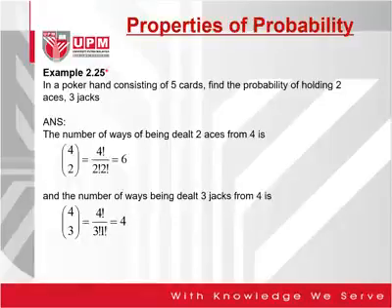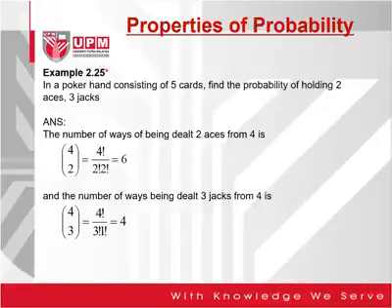Because these 4 are not the same in color and pattern, the number of ways to choose any two from these 4 is 4C2. So 4C2 gives 6 ways. If you don't believe it, you can arrange them in a probability tree and you will understand why the answer is 6.